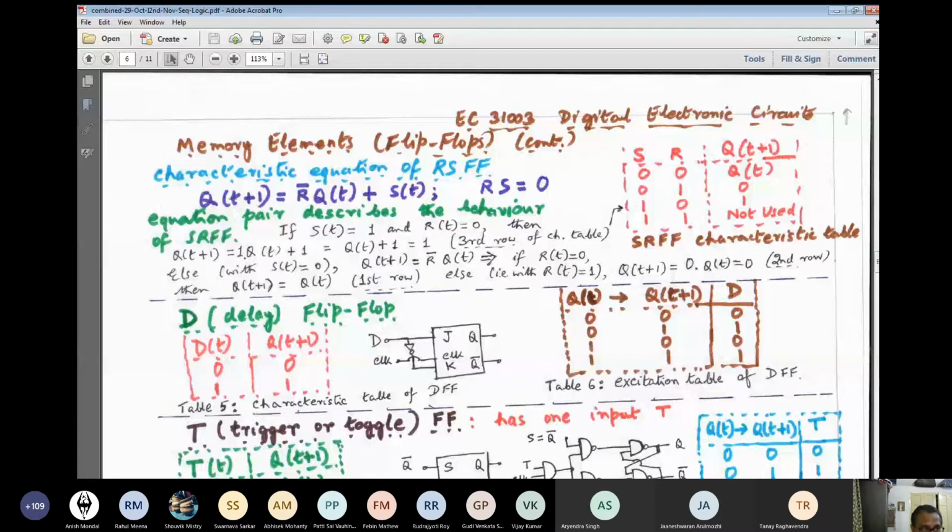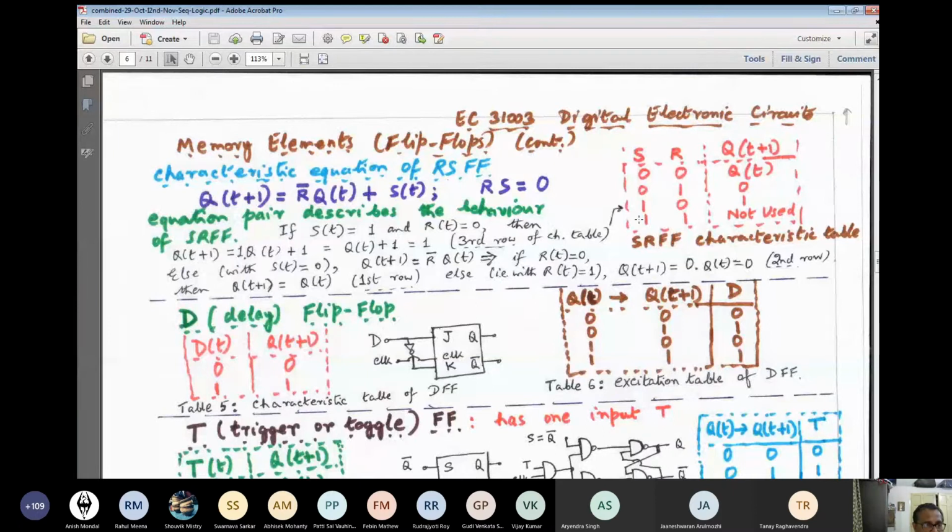If R equals 1, then R bar is 0, and with Q(t) that gives me Q(t+1) equal to 0. So that relates to the second row. So the first, second, third rows are all taken care of by this first equation, and RS equals 0 takes care of the fourth row. So it is equivalent to the characteristic equation of the RS flip-flop, whatever we write in the SR flip-flop. So both are equivalent.